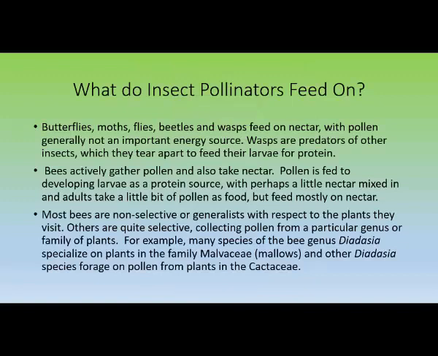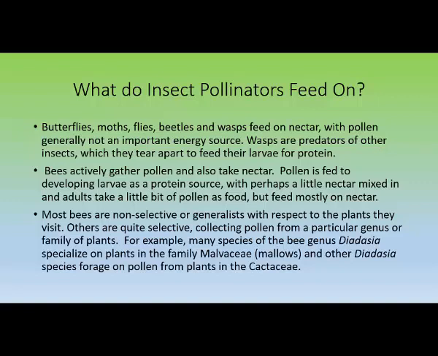So what do they feed on? Very quickly, butterflies, moths, flies, beetles, and wasps feed on nectar. And pollen is generally not a very important source. Now, wasps are predators. I can remember sitting under a canopy with other insects and flies, and a wasp will come up and grab one of those flies and the head will just fall.